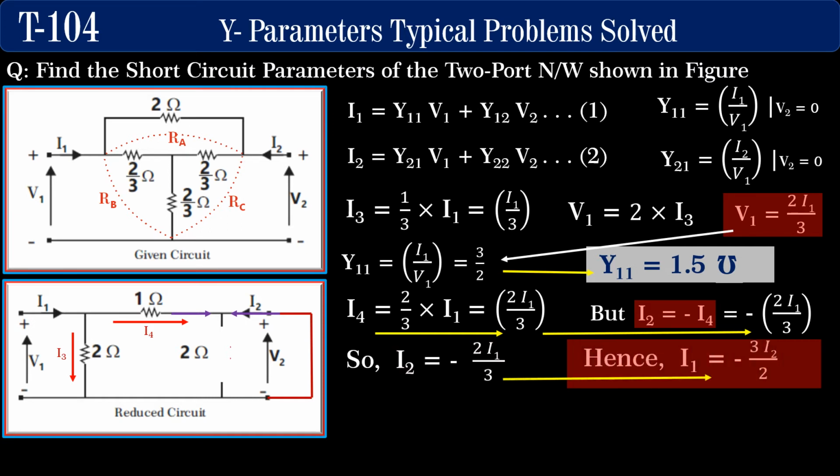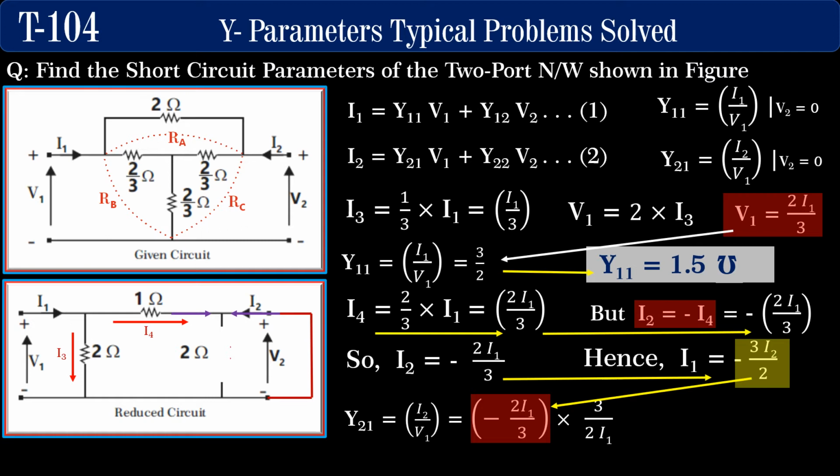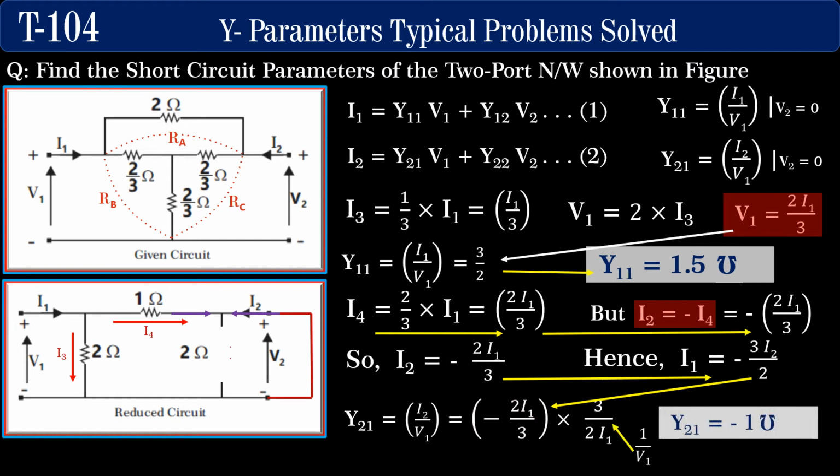So, I1 is equal to minus 3 I2 divided by 2, and by substituting the values of I1, and this is 1 divided by V1, and by solving we get y21 is equal to minus 1 mho. So this is one method of finding the y parameters. We found out now two parameters, y11 and y21, and we shall see how to find y12 and y22.